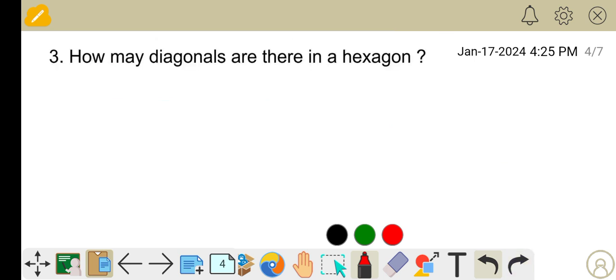In the third question: how many diagonals are there in a hexagon? You can simply count them by making a hexagon with vertices 1, 2, 3, 4, 5, 6.